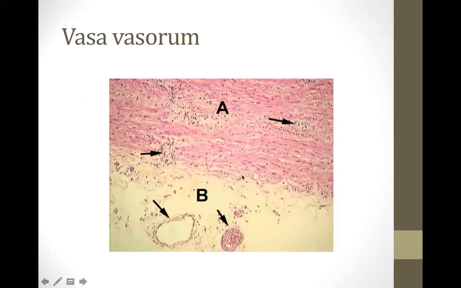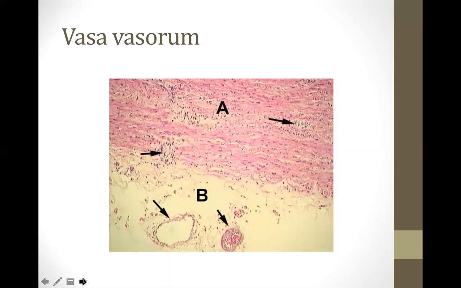So, anong itsura niyan? Your vasa vasorum usually found at the tunica adventitia. Andito po siya. Okay? Now, this one is your vasa vasorum. No? Bakit? No, may mga blood sa loob at it has lumen. Okay, these are your vasa vasorum.